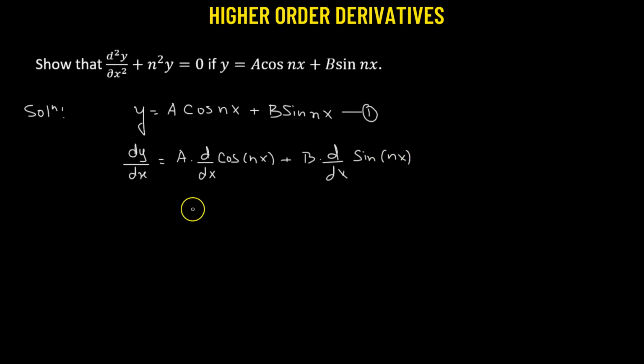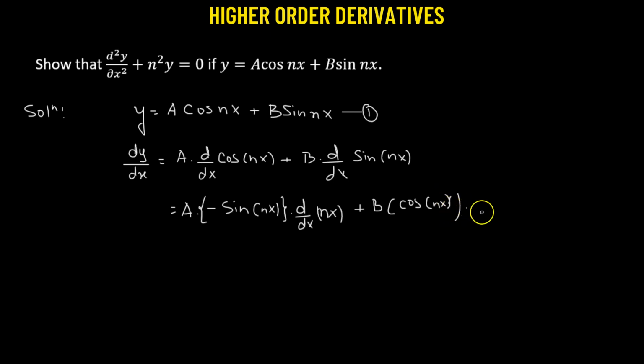Now let's find out the value. We have a times the derivative of the cosine function, that is negative sine of nx, and we need to use the chain rule, so we'll multiply it with the derivative with respect to x of n times x, plus b times the derivative of the sine function, which gives us cosine of nx, multiplied to the derivative with respect to x of n times x.